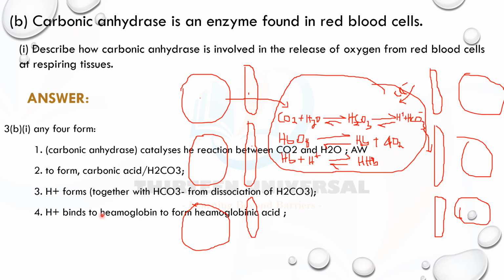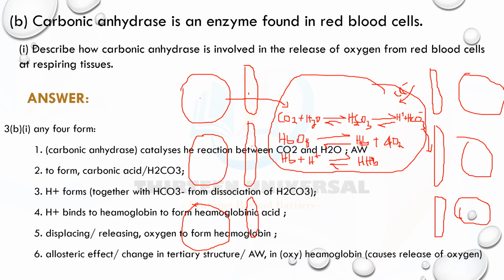So hydrogen ion then binds to hemoglobin to form hemoglobinic acid. Now how does it do that? It displaces, or releases, oxygen from oxyhemoglobin to form hemoglobin. So now they bring the concept of allosteric site, change in tertiary structure.